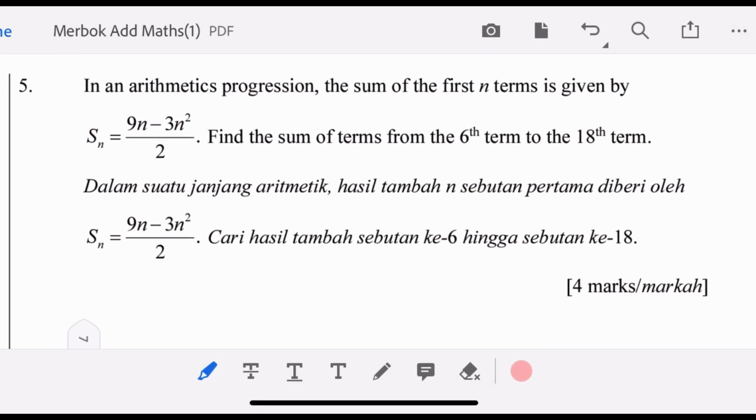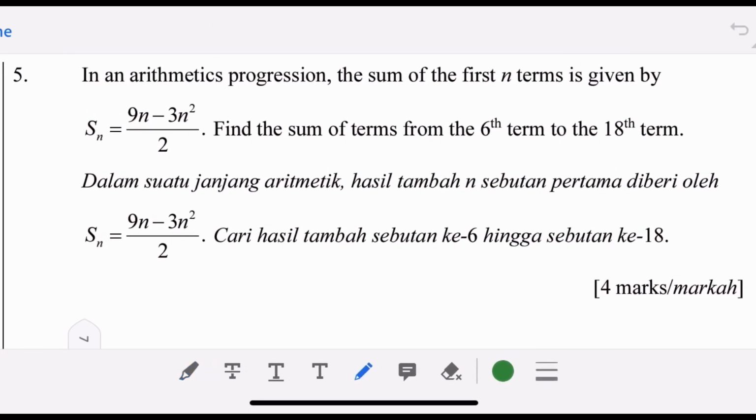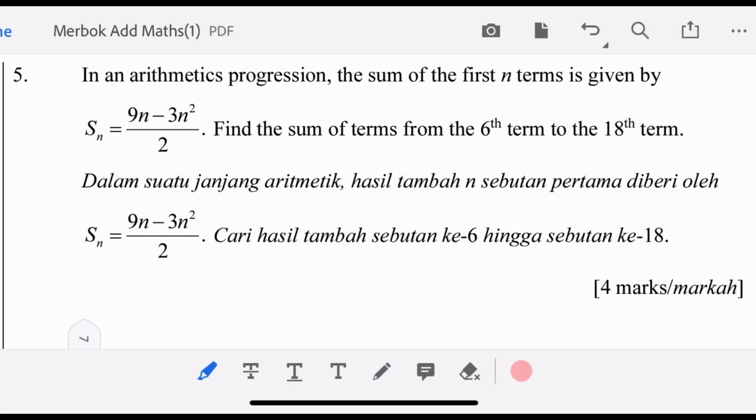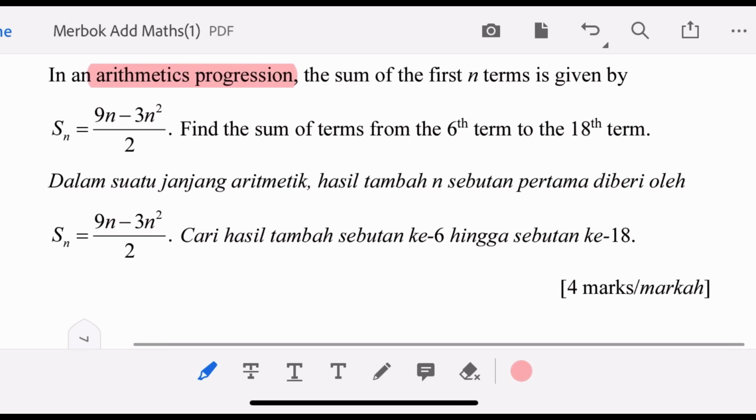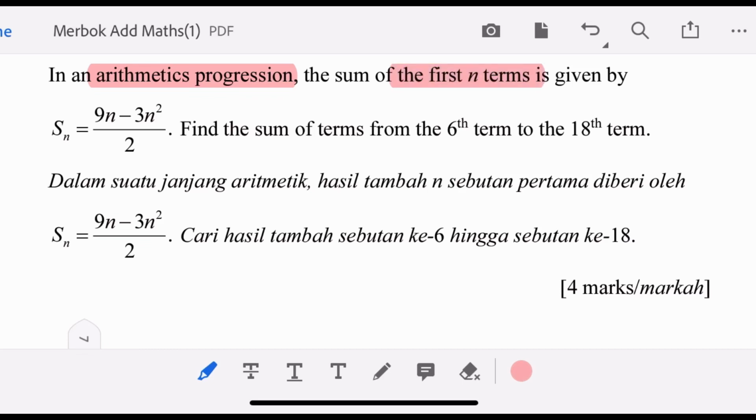So this question is about arithmetic progression. The sum of the first n terms is given by Sn equal to (9n minus 3n squared) over 2. So arithmetic progression and sum of the first n terms are the keywords. And you're asked to find the sum of terms from the 6th term to the 18th term.